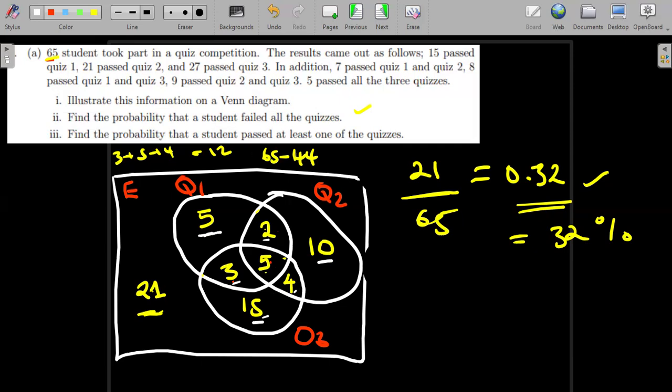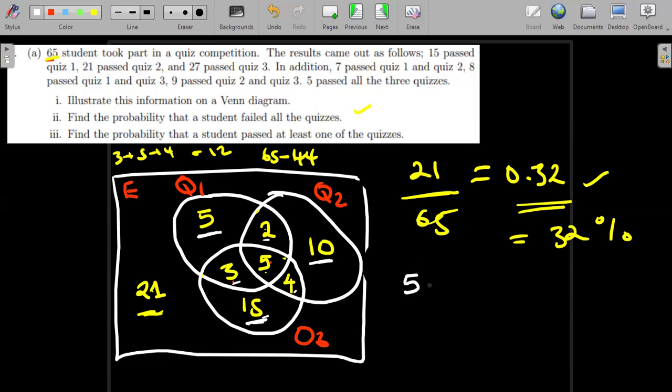So find the probability that a student passed at least one of the quizzes. So at least these quizzes that they wrote, at least they passed 1. So these 5 here, 10 and 15, indicate that these passed at least one of the quizzes. They might have not passed all of them, but at least they passed one of the quizzes.